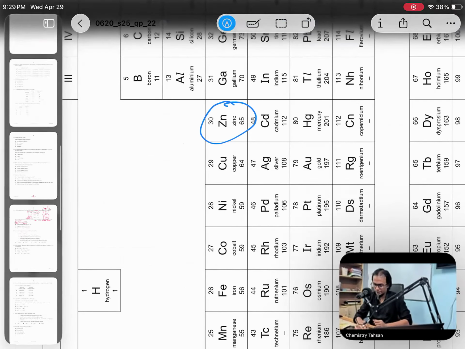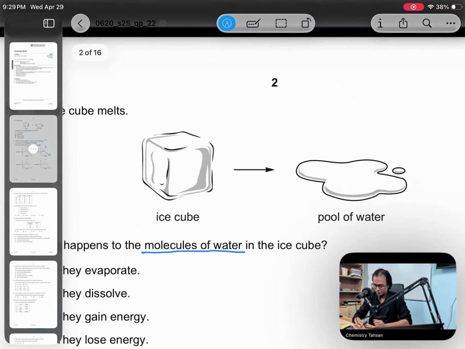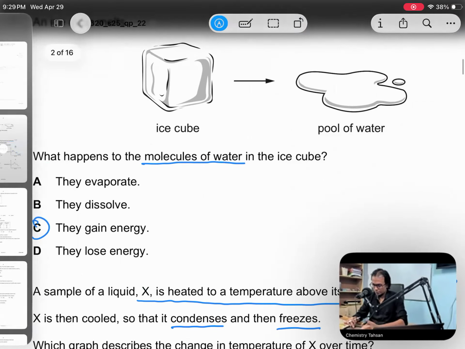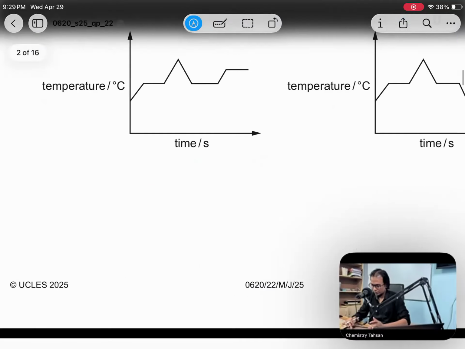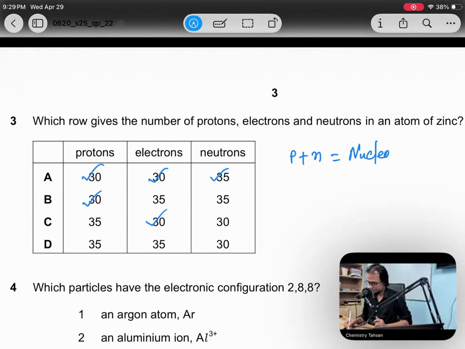So if we come back, so if it is 65, then you need further 35 neutrons. So the nucleon number is equal to proton plus neutron is the nucleon number. So this one is pretty easy for you. So A should be the only correct answer, 35 and 35, right?